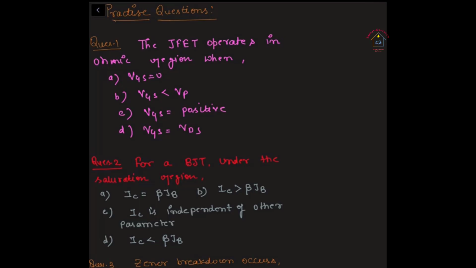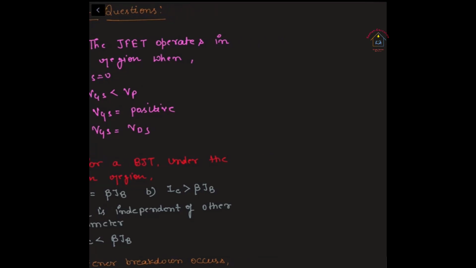Before doing this question, I want to mention some points here. JFET operates in two regions. First is ohmic and second is saturation. If we see the IV characteristic of JFET, this is drain current and this is gate source voltage.